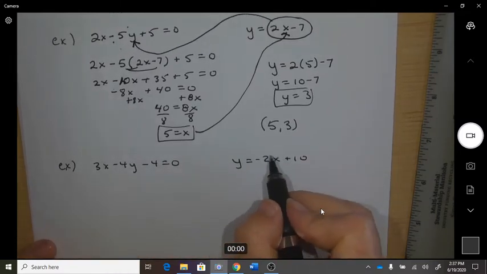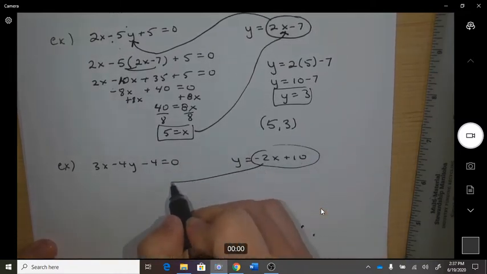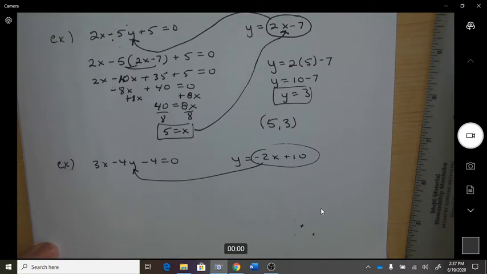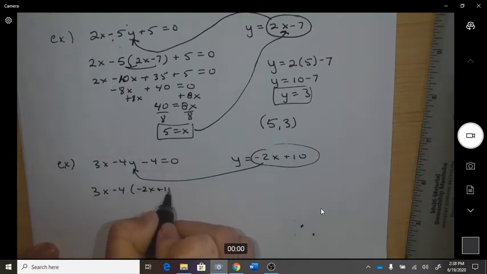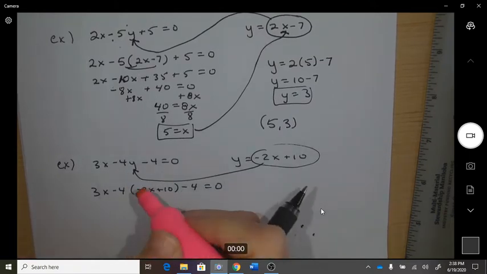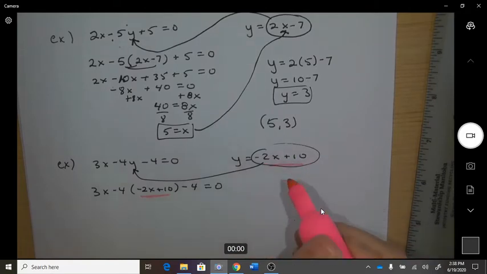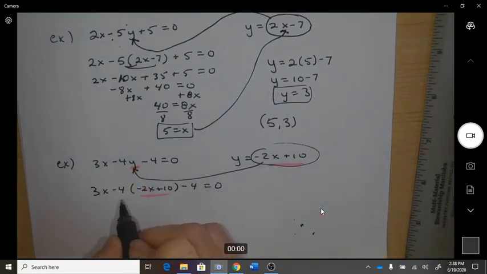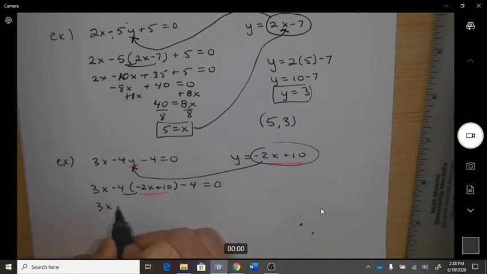Okay, so this is what y equals, so I'm going to go over here and replace my y. So you can see that that just went in place of the y. That's what's going on. So now I'm going to distribute, so plus 8x minus 40.